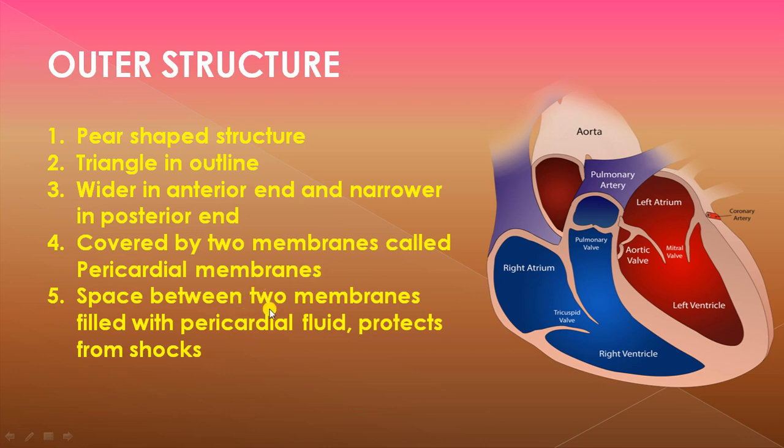Then the space between these two membranes is filled with pericardial fluid. I told you there are two outer membranes covering the heart, and in between them there is a space filled with a fluid called pericardial fluid.